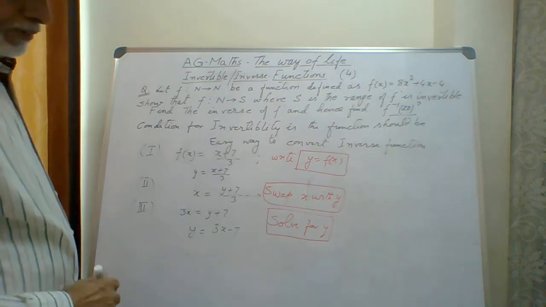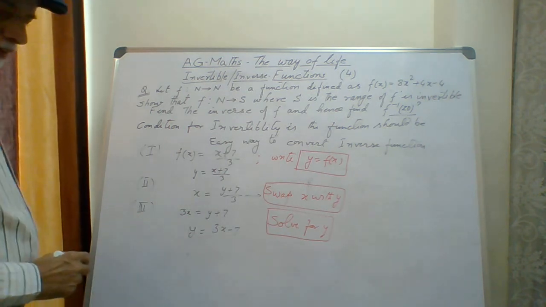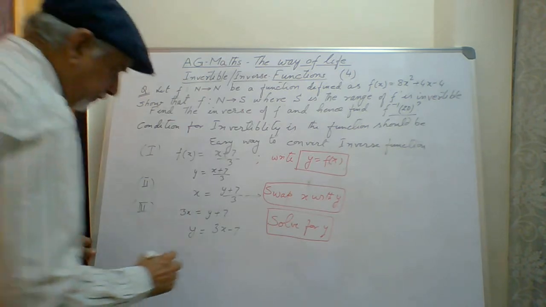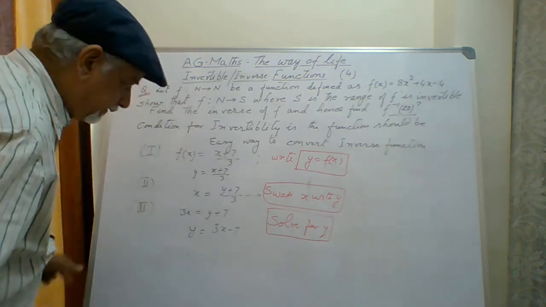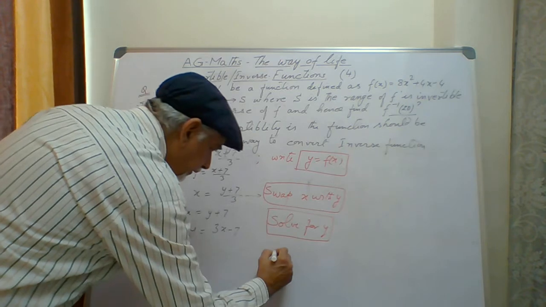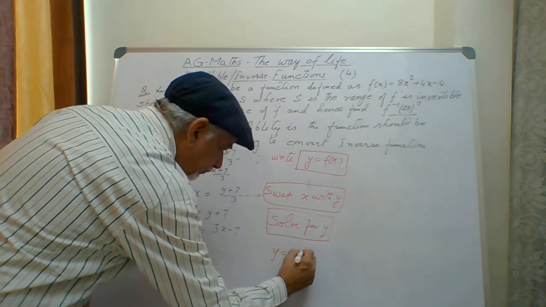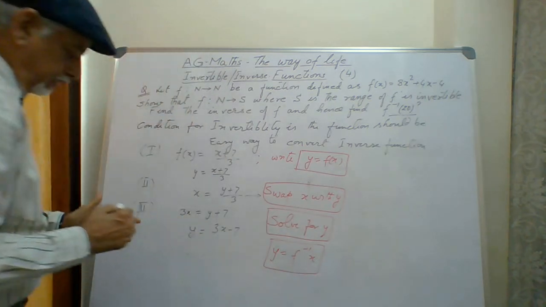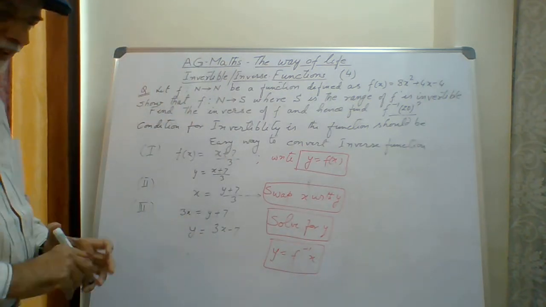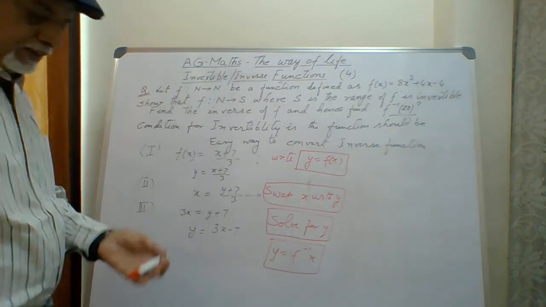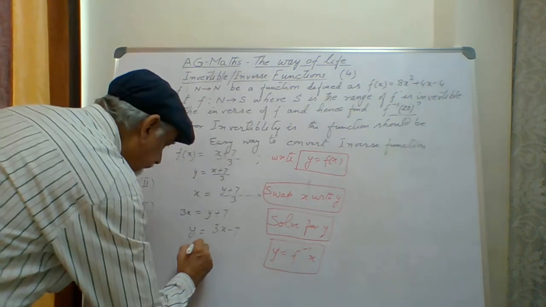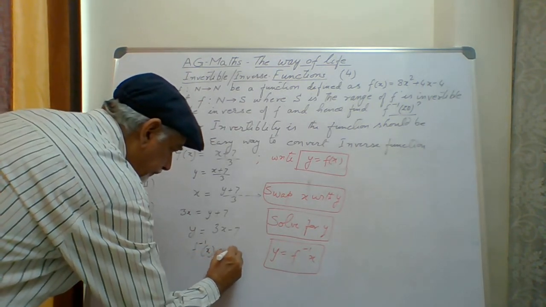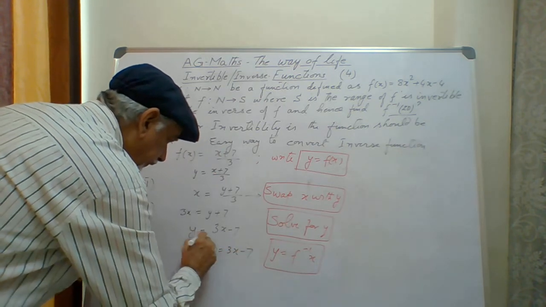So this is what is your y. And now we will call y is equal to f inverse of x. What you got is the f inverse of x. So your final answer is f inverse of x is equal to 3x minus 7.